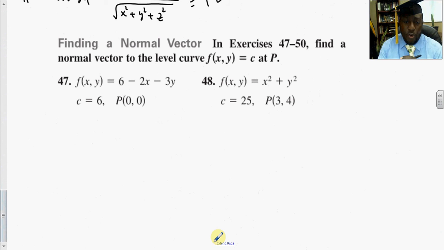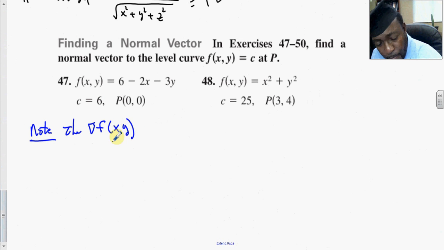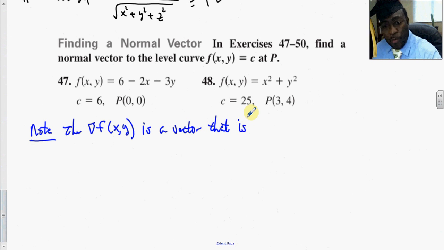Here, find a normal vector to the level curve. Just note that the gradient of f at a point x, y is a vector that is said to be normal to the level curve.